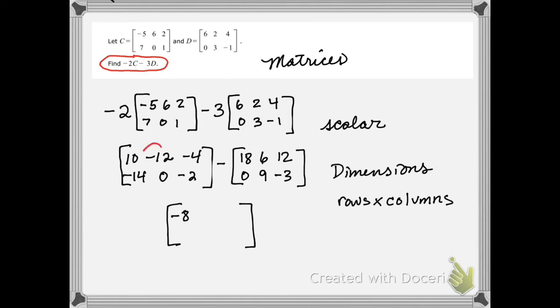And then I'm just going to go negative 12 minus 6, and that's going to give me negative 18. And then we'll do negative 4 minus 12. That'll be negative 16. And negative 14 minus 0 will be negative 14.